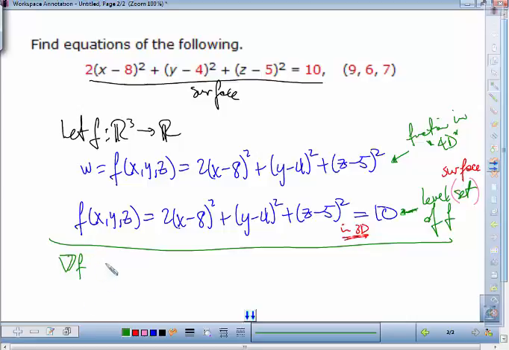Just say the gradient is equal to, now let's take the derivative of each of these things with respect to x, with respect to y, and with respect to z. I think this is going to be 4 times the inside to the first power times the derivative of the inside, or you can FOIL it out and then take the derivative, however you want to do the derivative. This is going to be 2y minus 4 and 2z minus 5.